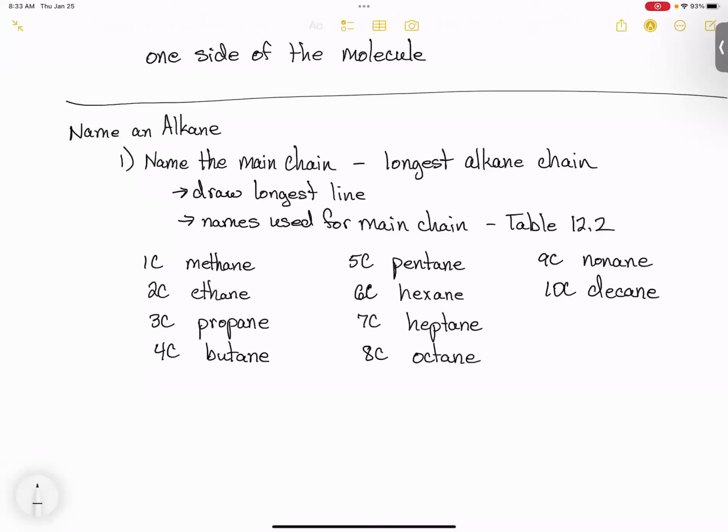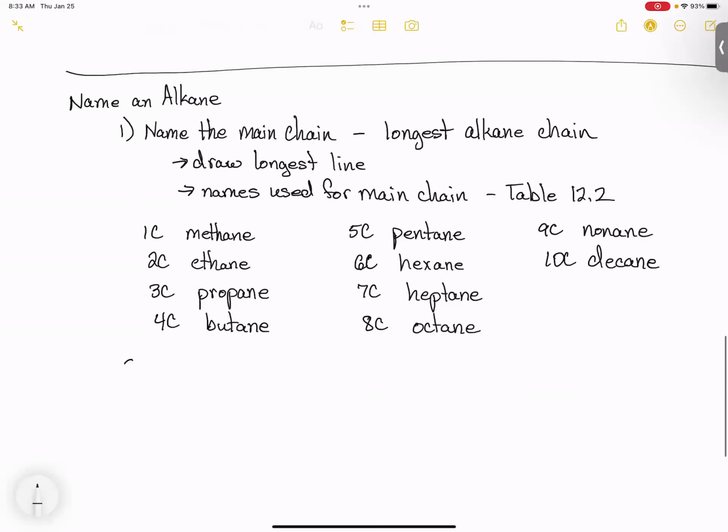Once you've identified the main chain, step number 2 is you're going to number the carbon atoms in the main chain.